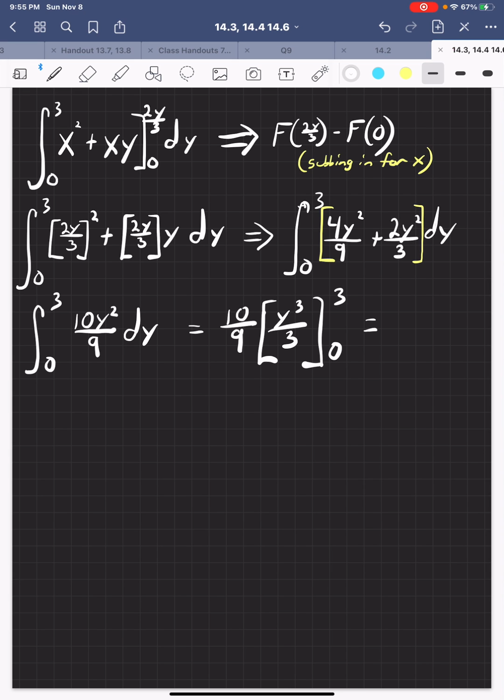So one more round of substitution gives us a mass of 10. Okay? So although there are different densities in this triangular region, the mass we were able to find of that triangular region is 10.